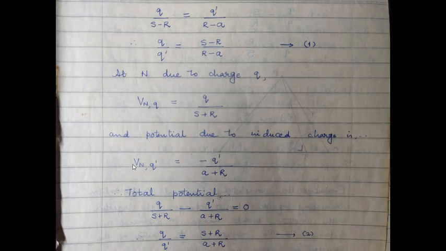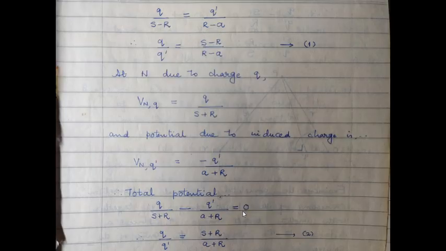And the potential at N due to the charge Q is equal to Q upon S plus R, K will be there, but that is in a ratio and will be cancelled out, that's why I have not mentioned it. Similarly, the potential due to the charge Q dash is equal to minus Q dash upon A plus R. The total potential at point N is Q upon S plus R minus Q dash upon A plus R, and this total potential at point N is going to be 0.